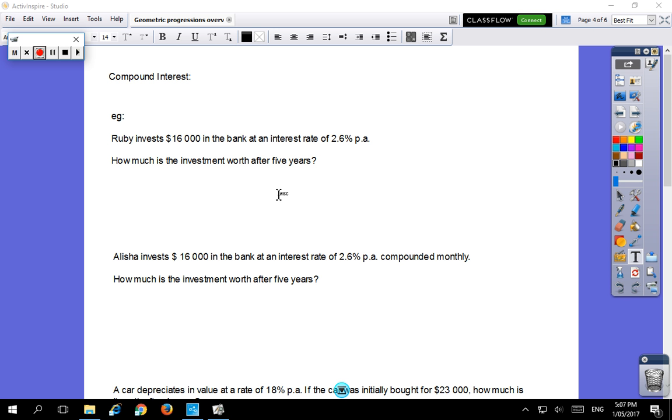Okay, so the compound interest formula is just a variation of geometric series.